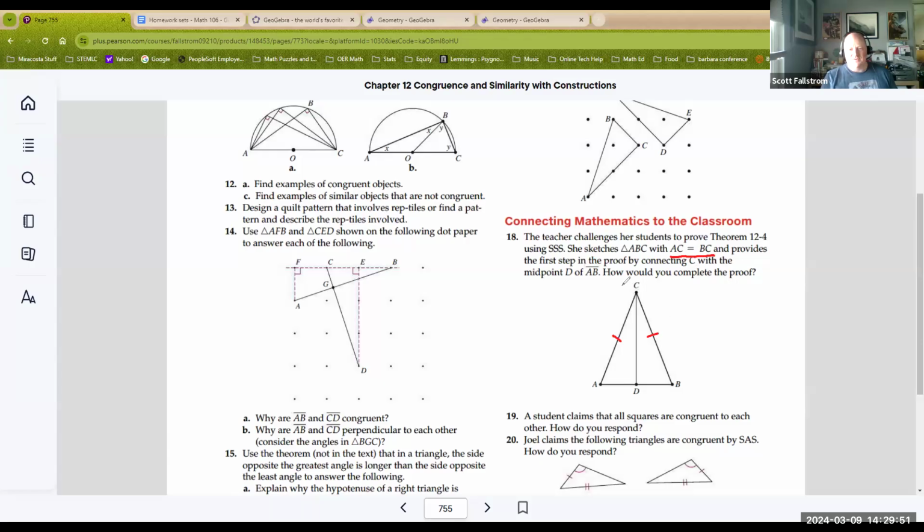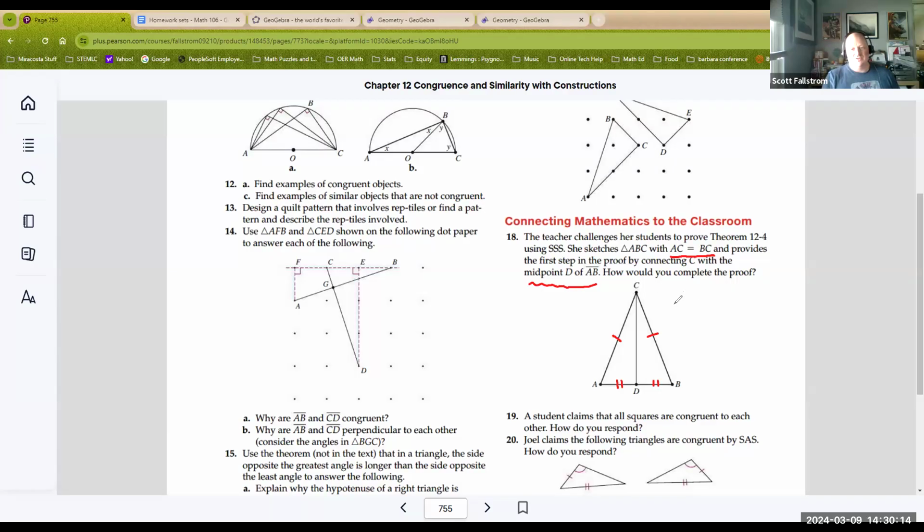And the teacher provides the first step in the proof by connecting C with the midpoint of AB. So again, when they tell you something is the midpoint, mark it. They're telling you this. Now, in other proofs, if you don't know it's the midpoint, you can't make that. But because they told you it's the midpoint, you absolutely can.